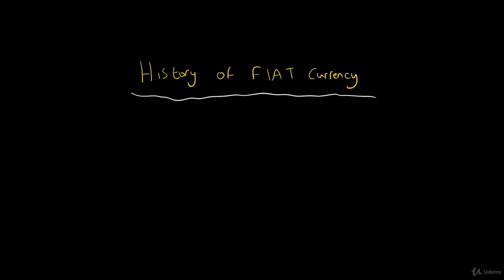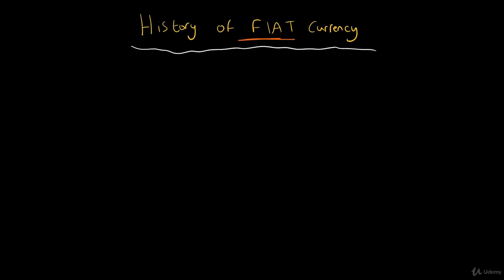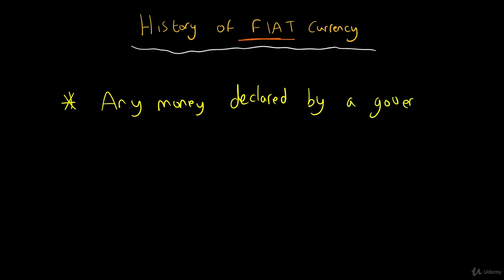Hello, in this lesson we are going to cover the history of fiat currency and overall what fiat currency is in general. So let's first cover what fiat currency is. There's really two main aspects to fiat currency, and it's essentially any money declared by a government to be legal tender.